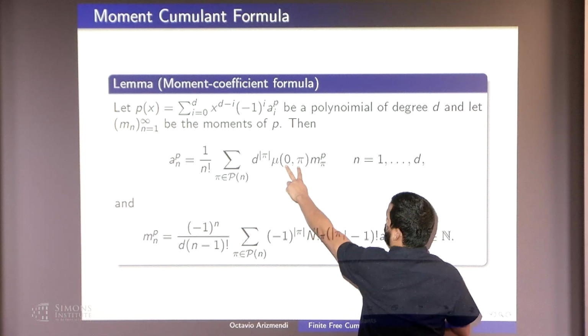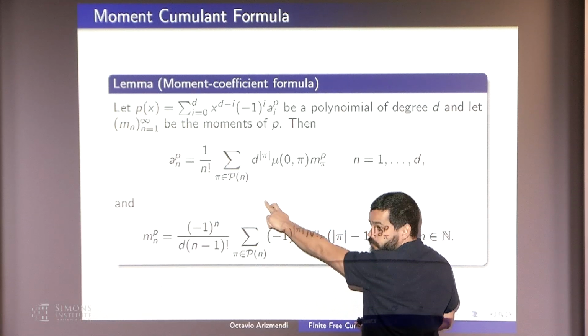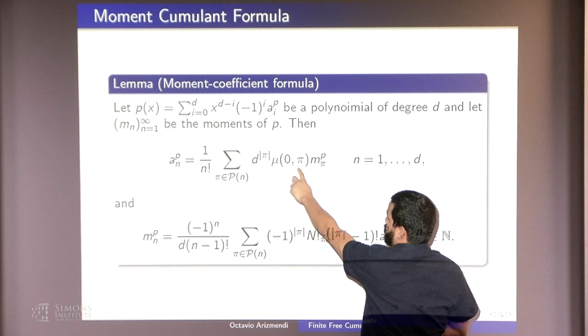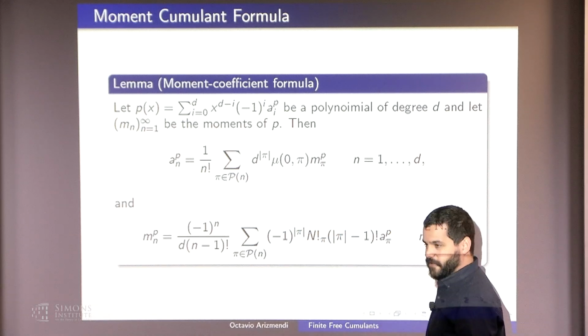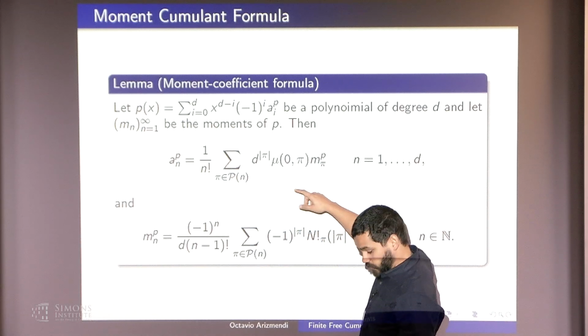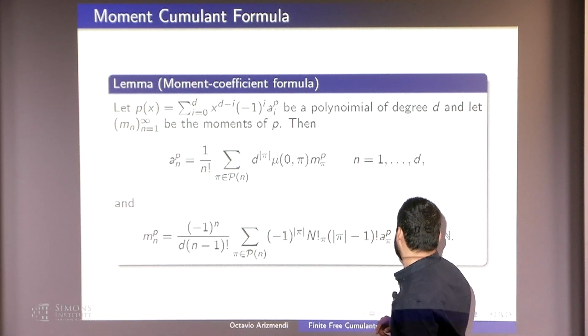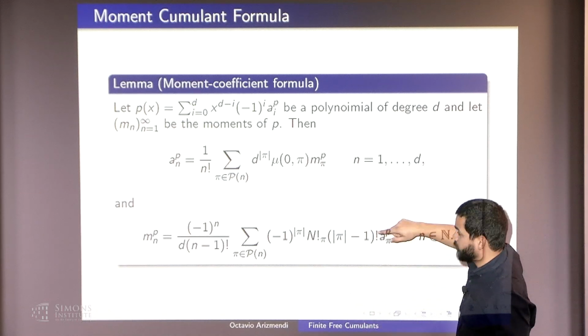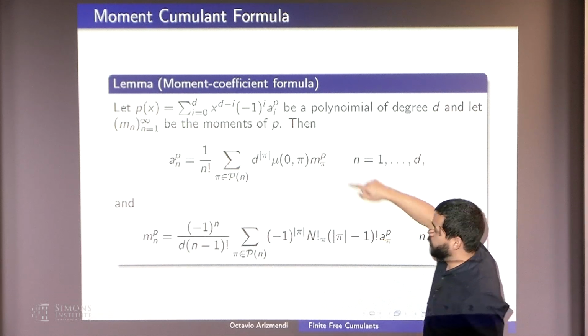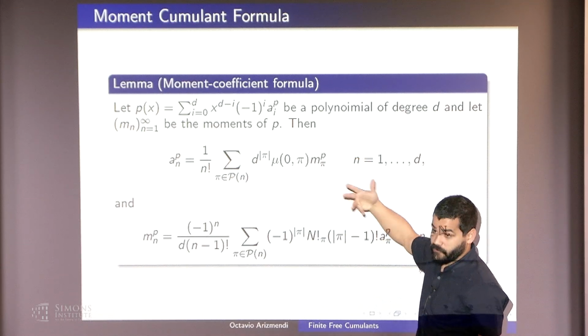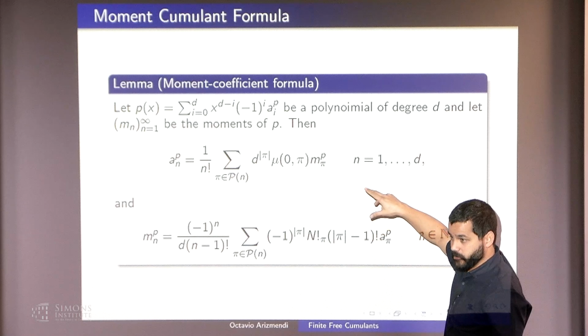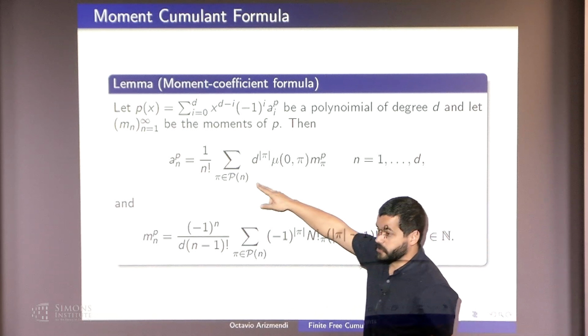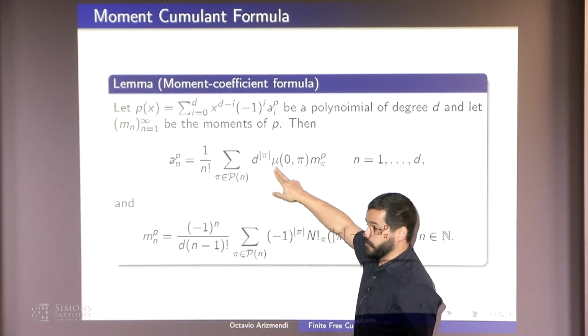This is the Mobius function in the partitions. So it's a totally different mu. Totally different mu. So if you have this formula and want to go from this formula to this formula, there's an inversion formula in general, if you have a partition, sum over partitions, and this is exactly mu.